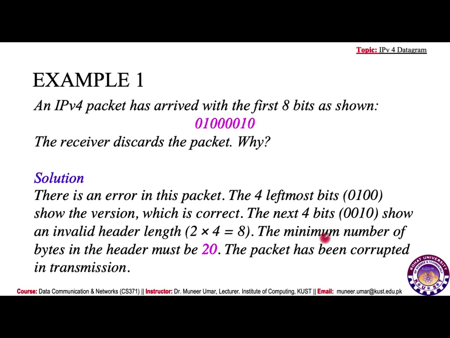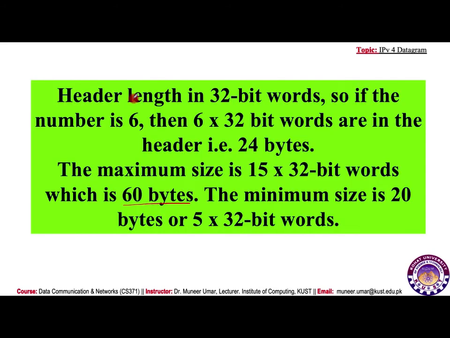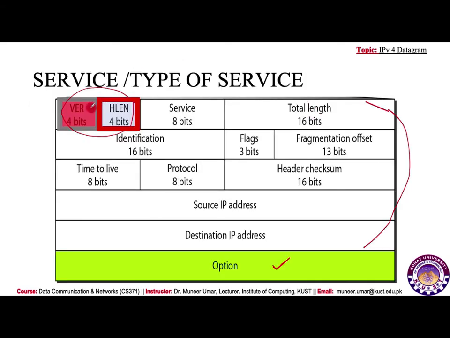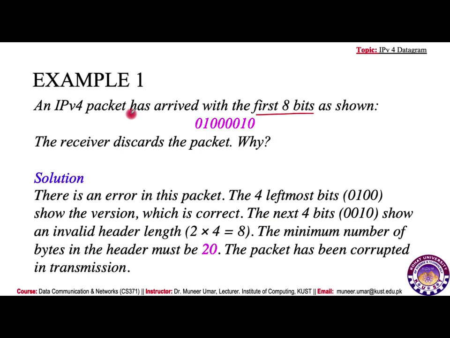Let's consider an example for the header length and version. An IP version 4 packet has arrived with the first 8 bits as shown. Version has 4 bits and header length has 4 bits, so these 8 bits are for the version and the header length.